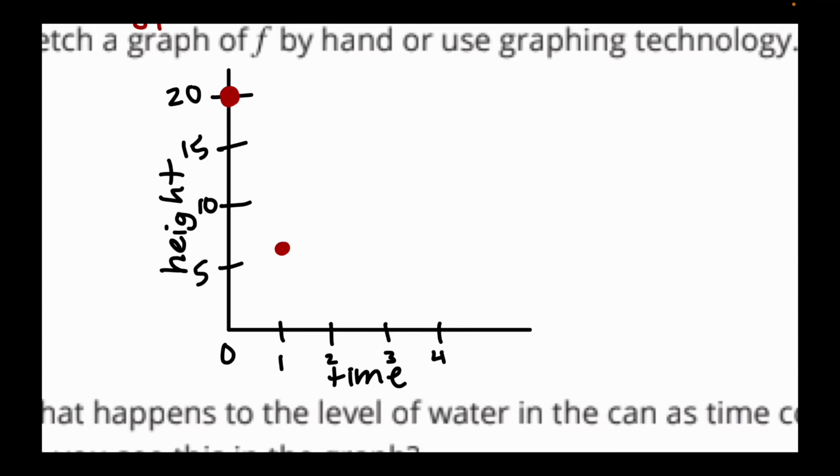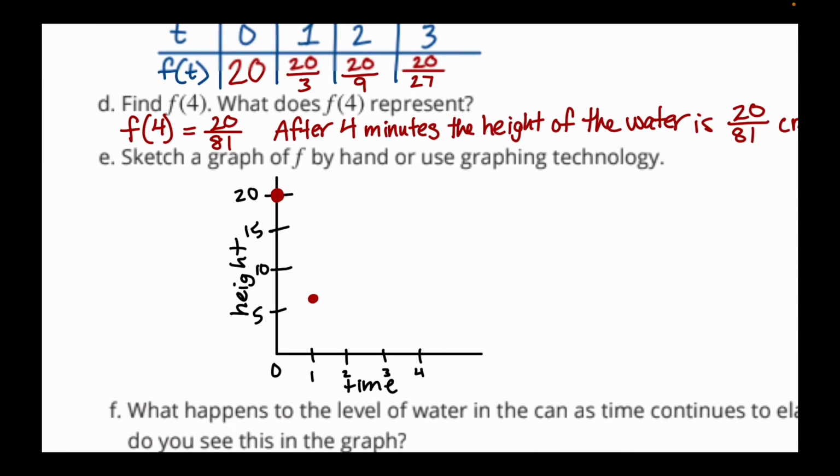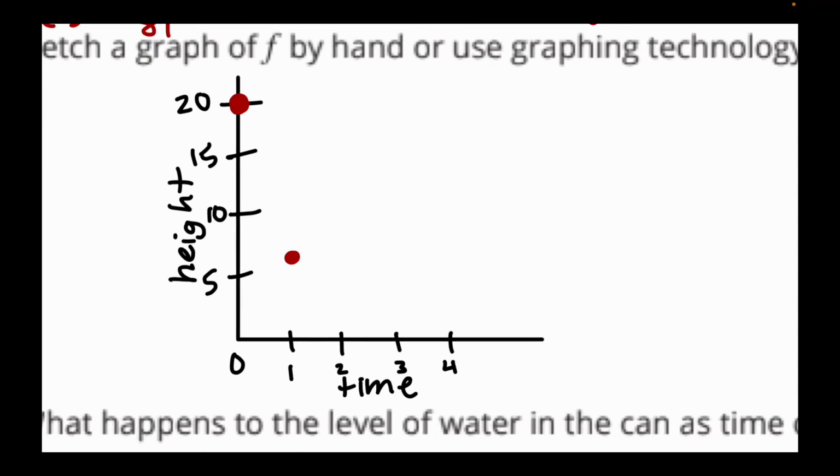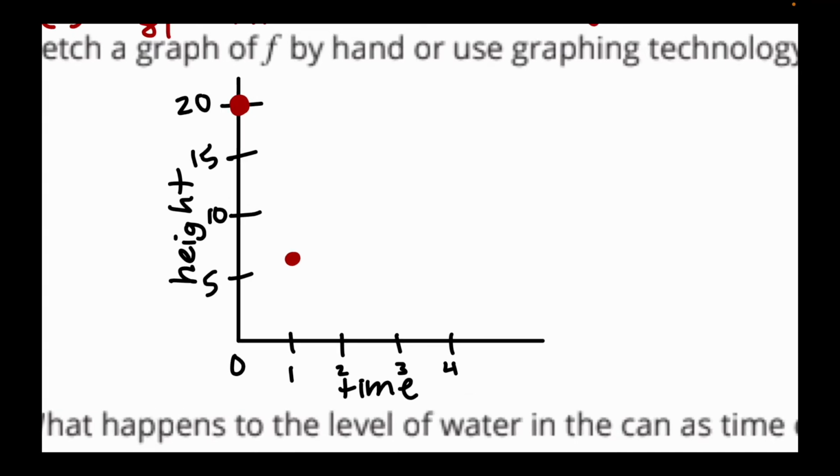At 2, we have 20 over 9. And this is going to be around 20 divided by 9. Well, if we had 20 divided by 10, that would be 2. So this is going to be a little bit more than 2. So at number 2, I'm going to put it here. And that should be pretty accurate.